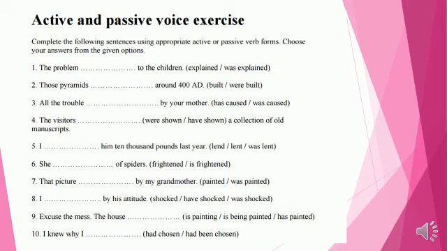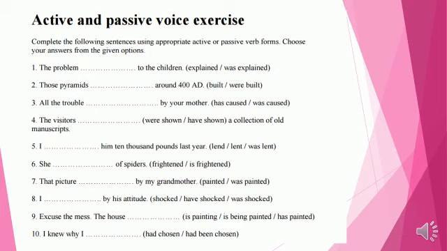One. The problem to the children. Explained or was explained. How can you choose the right one? You have to decide whether the first word can be an object or a subject. The problem can't explain itself to the children.